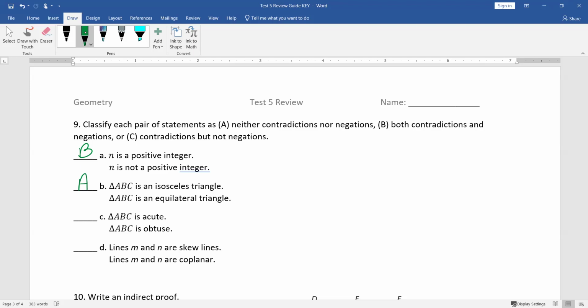A right triangle. So the only thing that fully negates a triangle being acute is to say that ABC is obtuse or right. So for something to both contradict and negate, you must negate all options. Like you must state all other options. So it's the trichotomy property. So that's why this is a C. It's a contradiction, but it is not a negation.